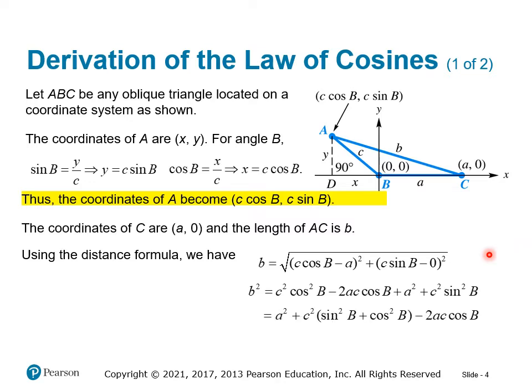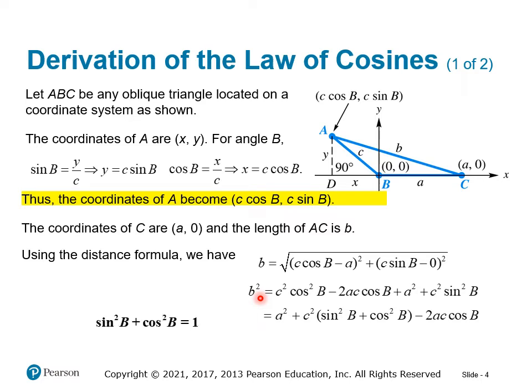If we FOIL out these two problems, we can simplify it to what you see here, c squared cosine squared B, etc. I'm not going to read through that. That's just FOILing out what's underneath the square root sign, and then it's also squaring both sides. Notice we squared both sides to get rid of the square root, and on the left now we have b squared.